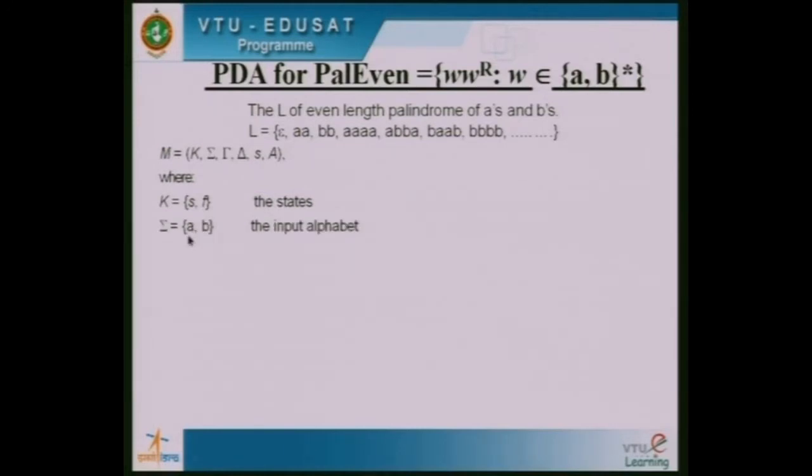Sigma is A and B, and Gamma is both A and B symbols, because we push both A and B symbols in the stack.